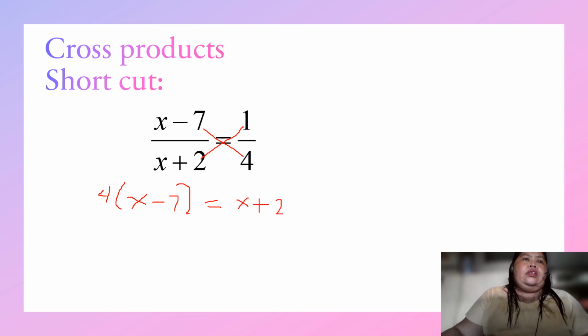Then distribute. So we have 4x minus 28, because 4 times 7 is 28. That's equal to x plus 2.